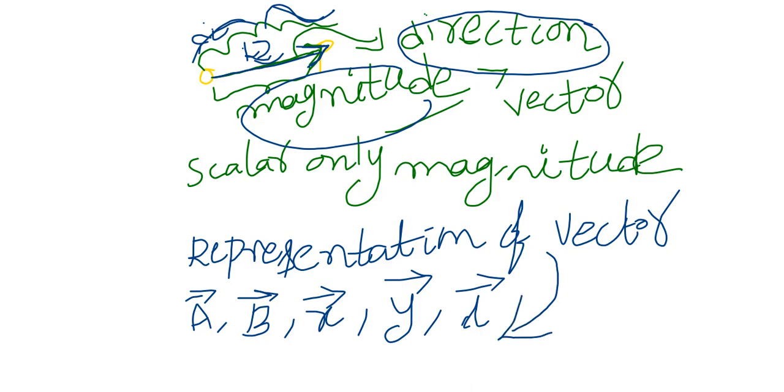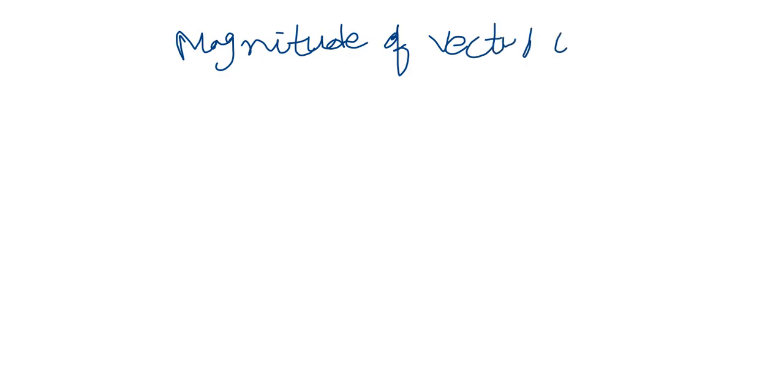How can you calculate the magnitude of the vector? Suppose the vector is A. The magnitude of A is equal to the modulus of A bar. The symbol is called modulus.